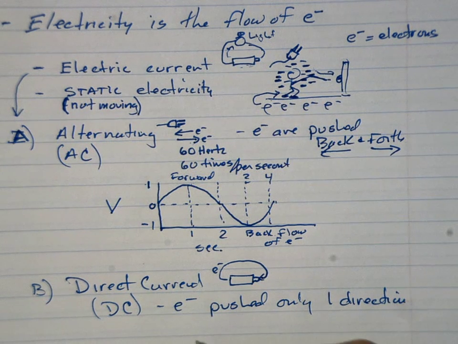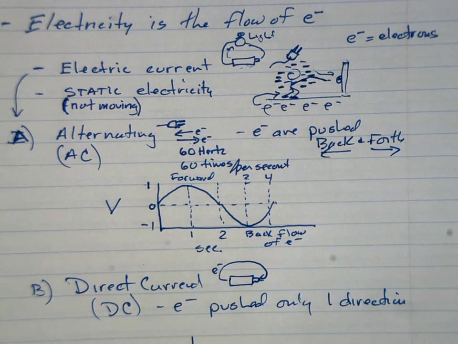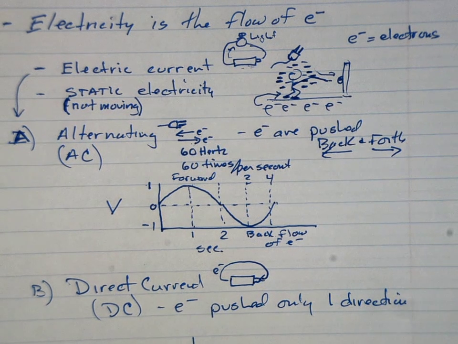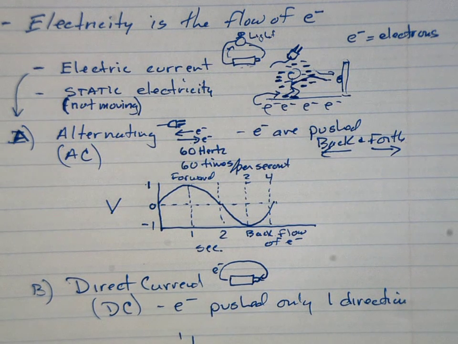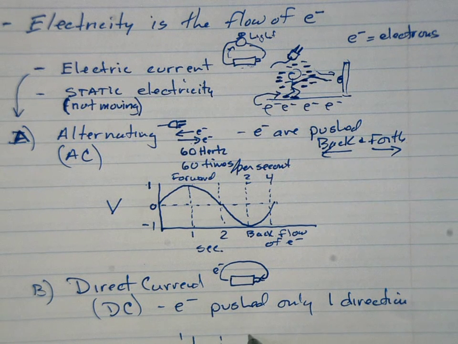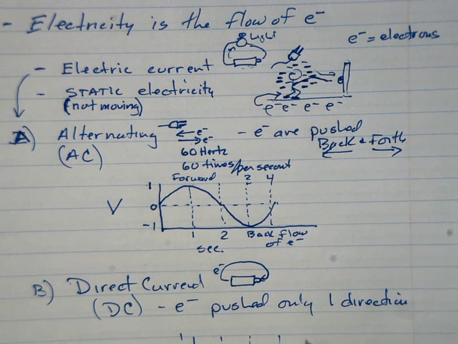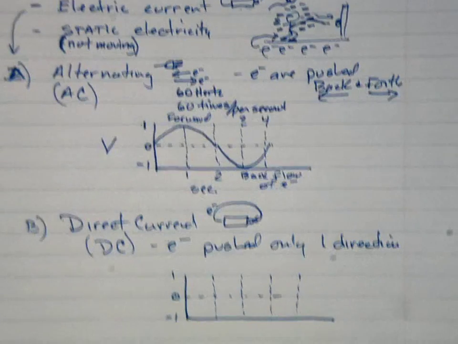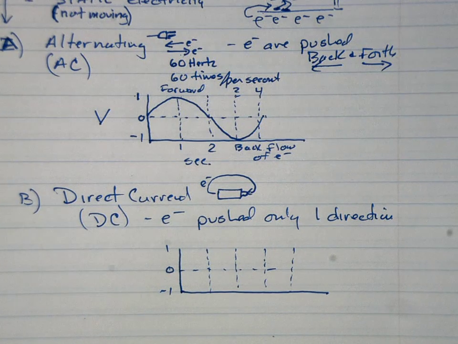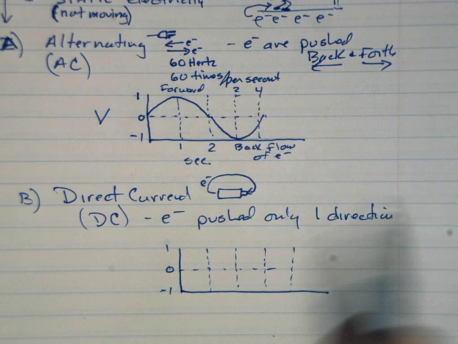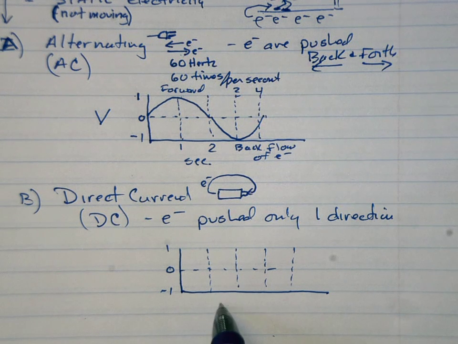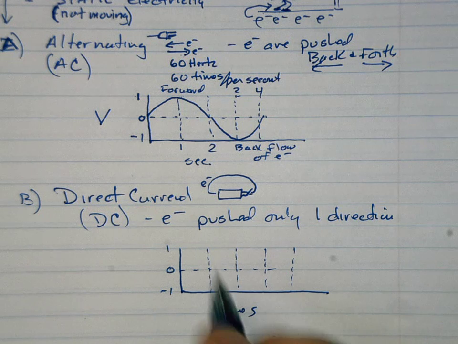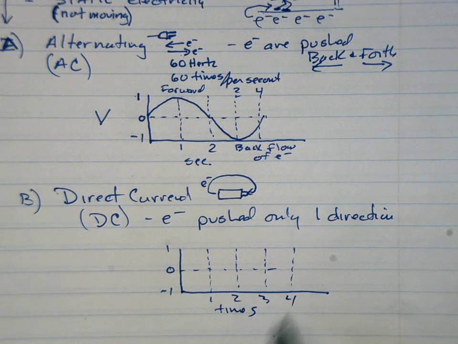So we're going to redraw our graph over here. Label that 0 and 1 and -1. Sorry that I got off the screen there. So there we go, this is time in seconds, and we've got the same amount of time, 1, 2, 3, 4.